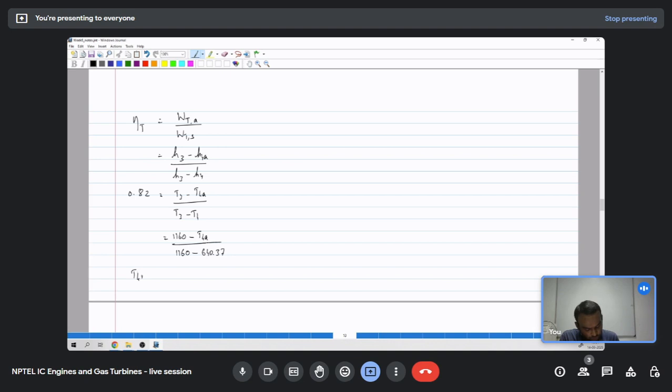So now we will have the value for T4A as 1160 minus 0.82 into 1160 minus 640.37.